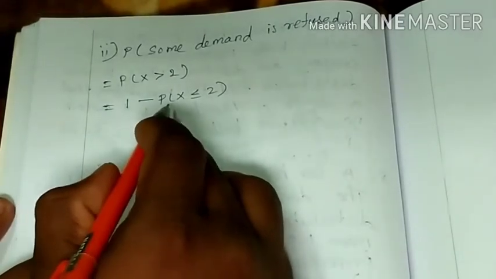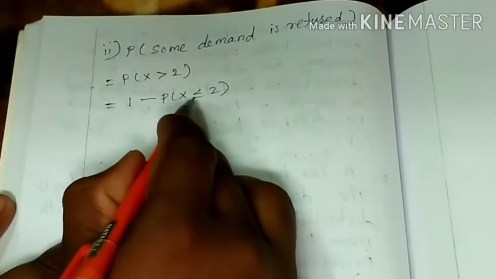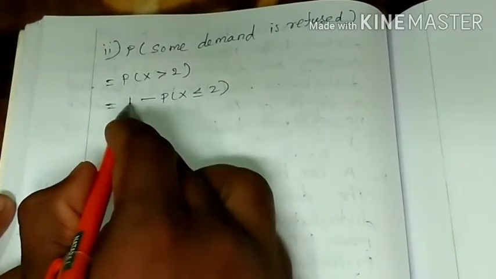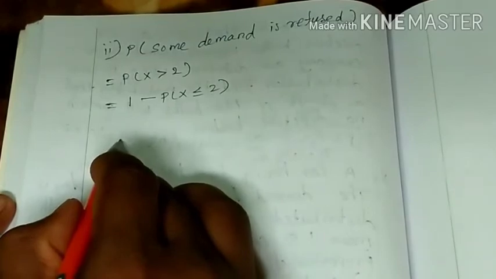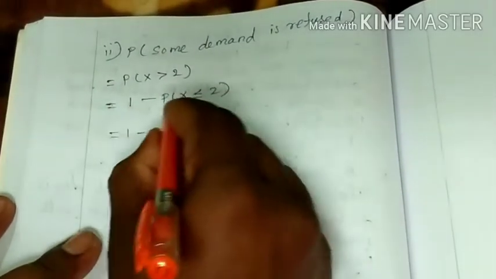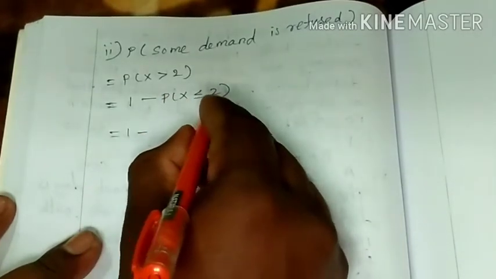Are you clear? First find the up to 2 values, then subtract from 1, and we get the answer for some demand is refused. So it is equal to 1 minus P of x less than or equal to 2.